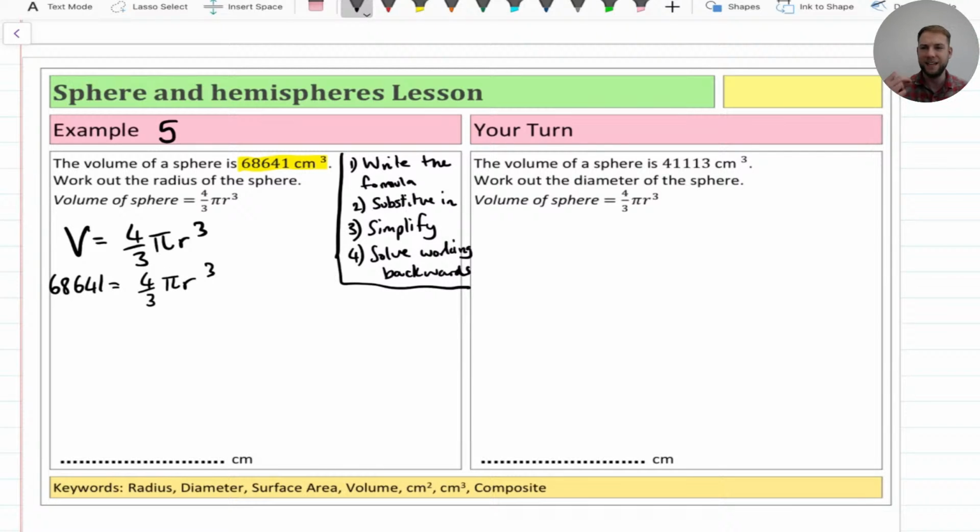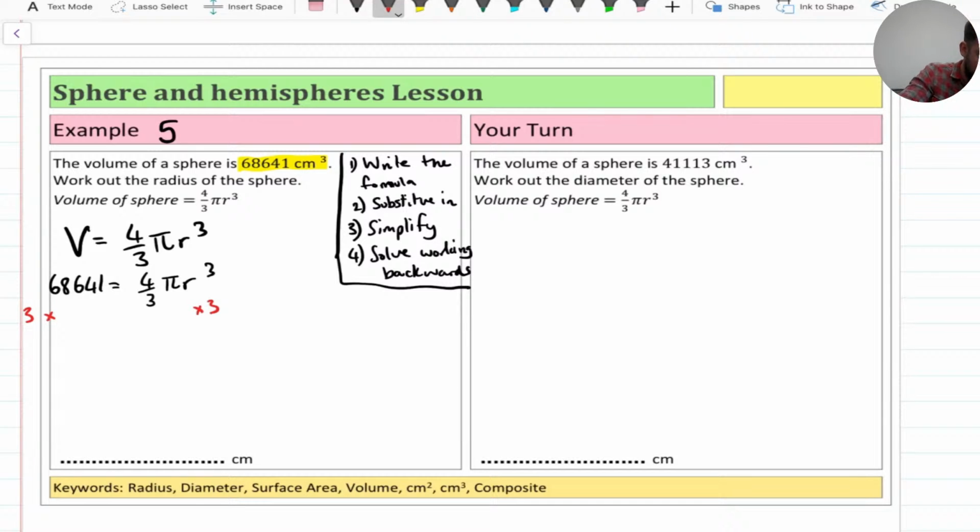Now this one here is tricky to solve, but we can do it. We don't really need to simplify this one because there's nothing on that right hand side we need to simplify, so we're just solving now. So the first thing I'm going to get rid of here is that divided by 3, and I'm going to do that by timesing by 3 and timesing by 3.